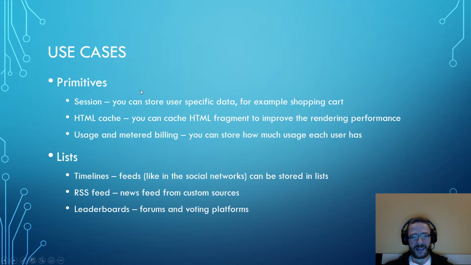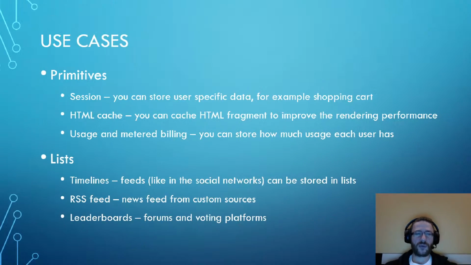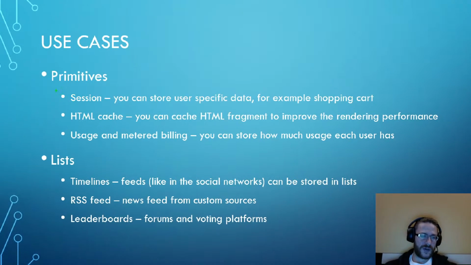So let's see for what we can use Redis. First, we want to use the primitives. How we can use the primitives? First, we can use them as a session. We can store user-specific data, for example, shopping cart. For each user, we can store, for example, a session ID in a cookie and send the cookie to the client.